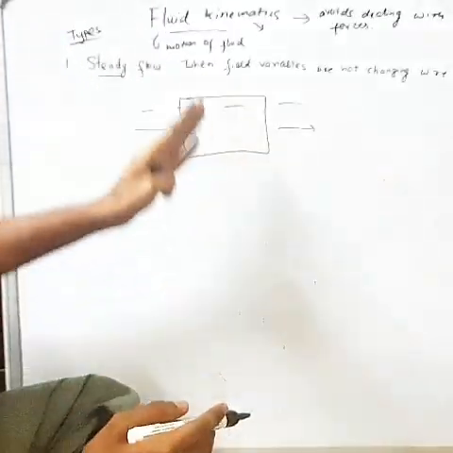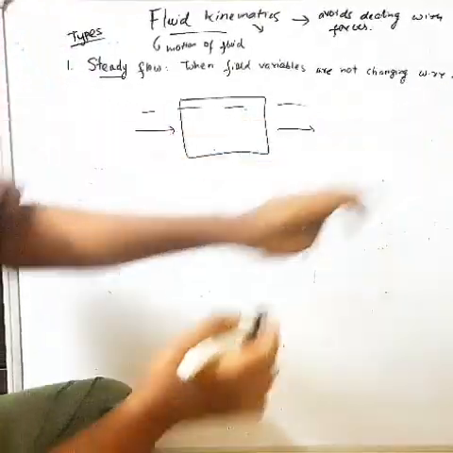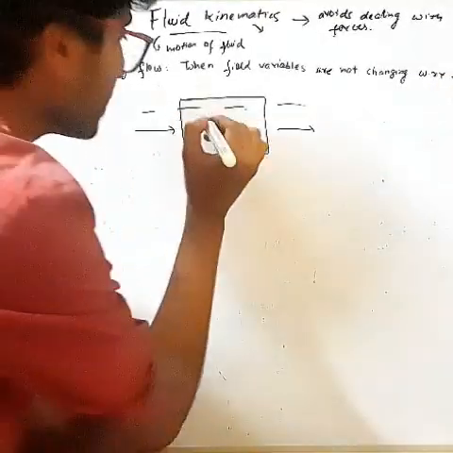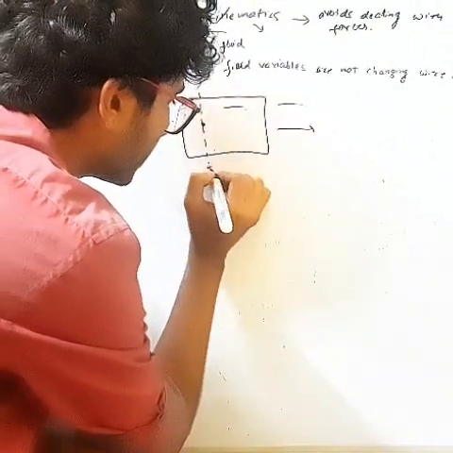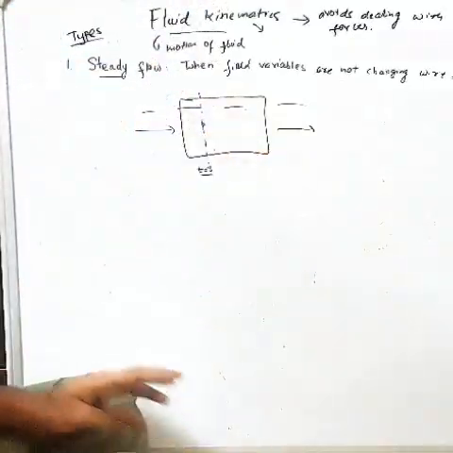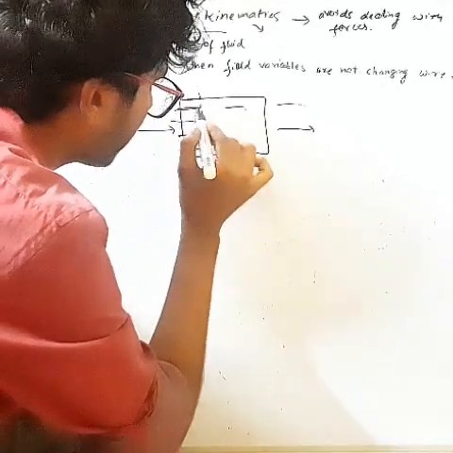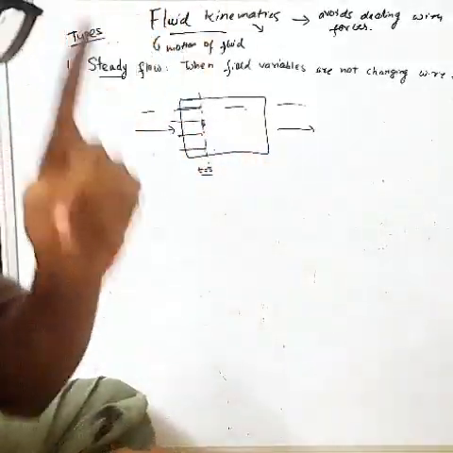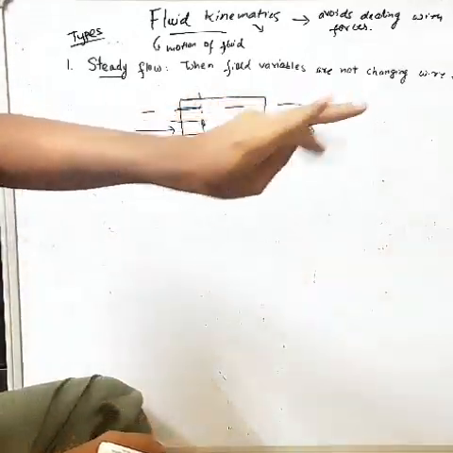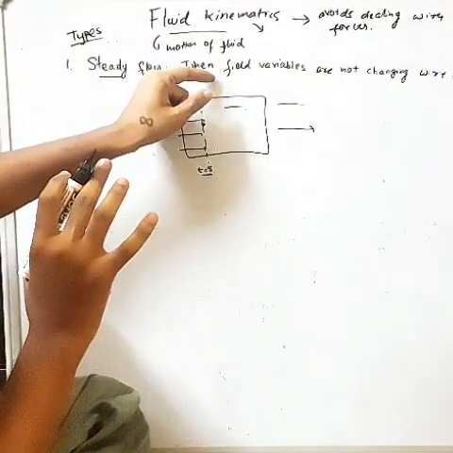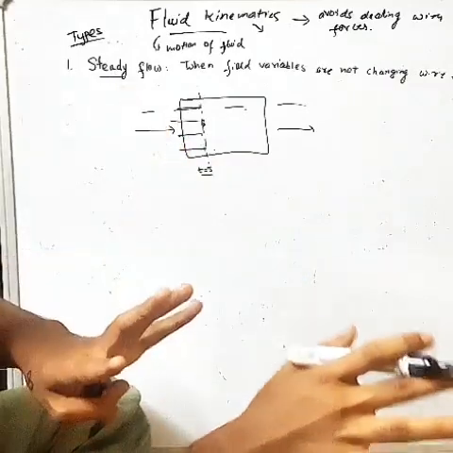When field variables are not changing with respect to time, suppose at this point, at t equals 5, any fluid particle passing through here has the same velocity, pressure, or other parameters.